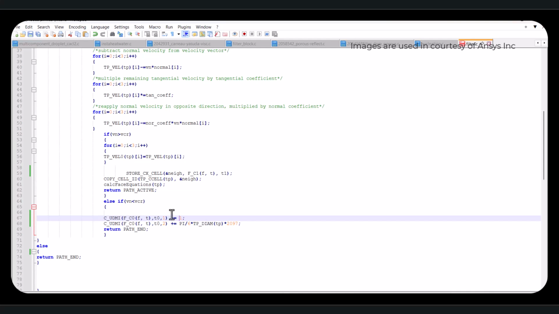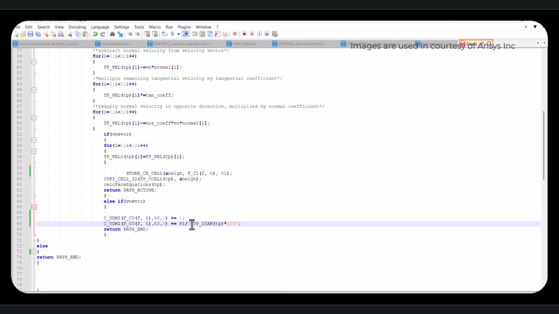So if it is less than Vcr, the particle count increases, and I am also storing the mass of the particle. The mass of the particle is the volume of the particle, which is pi by 6 into d cubed. D is given with the help of the macro TP_DIAM(tp), which gives the particle diameter, right?